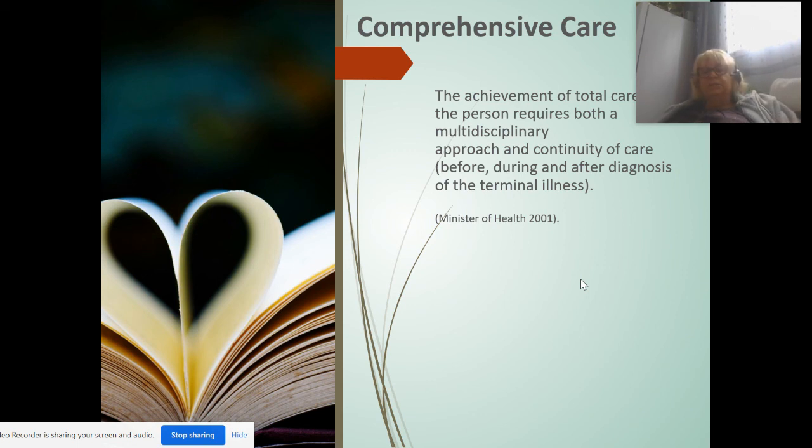It's not just a doctor, a nurse, and healthcare assistants. You can have physiotherapists, occupational therapists, social workers, spiritual workers, all that sort of thing should be involved in the care as well. We do use end of life care physiotherapists that can help the person with symptom management and try and give them as independent a life as possible.